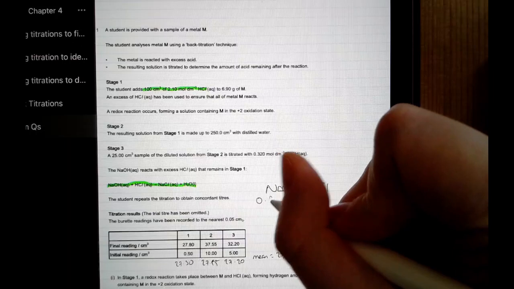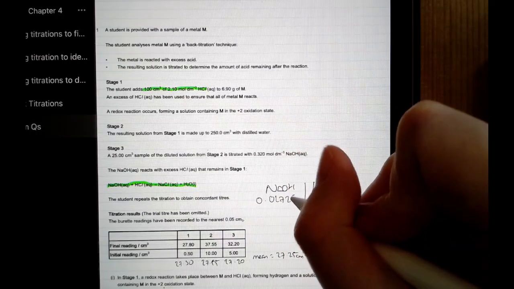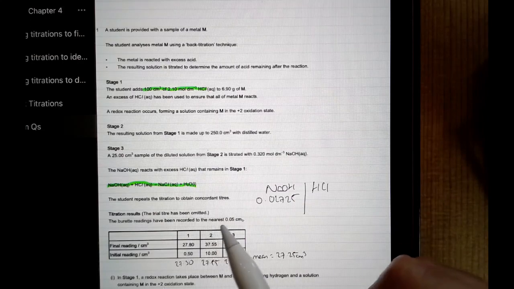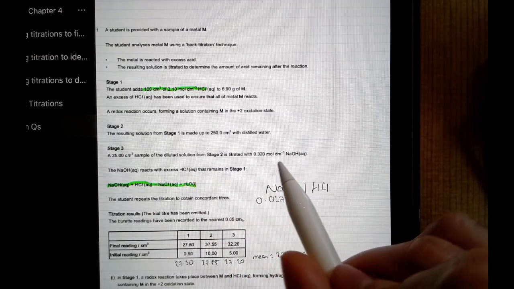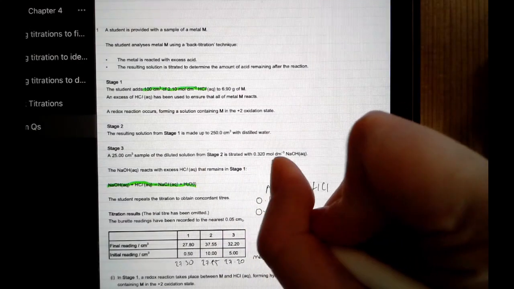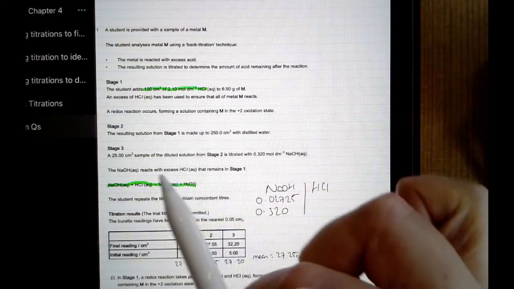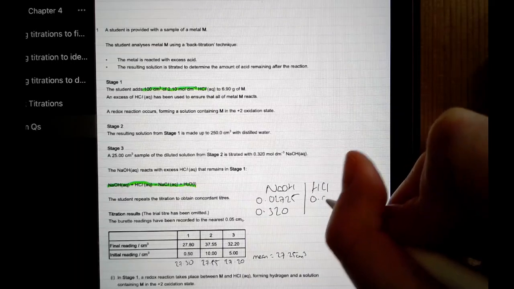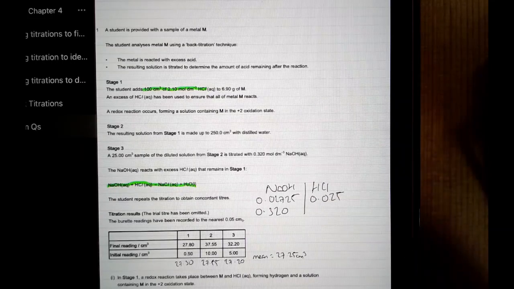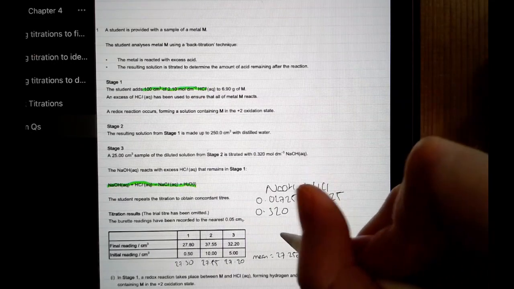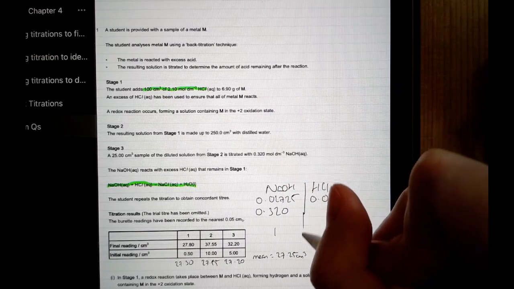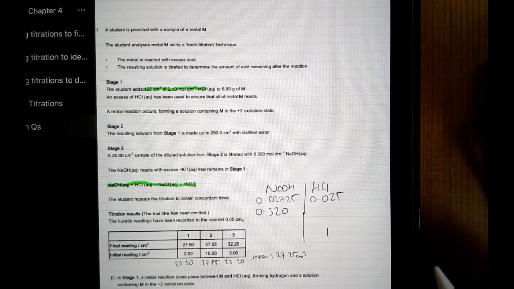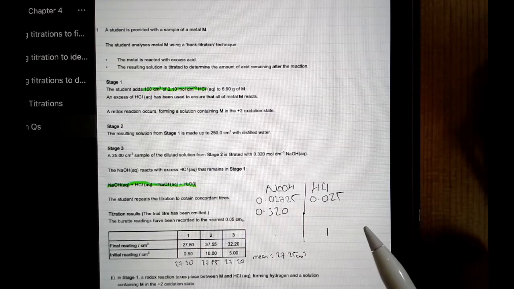So I'm going to fill that into my table, 27.25, having put it into decimetres cubed. I'm told the concentration of my sodium hydroxide is 0.320, and I'm told the volume up here is 0.025. Using my equation, I can see that the ratio between these two is 1:1. So I can use this information and I can work out the number of moles of HCl that I've got left over.